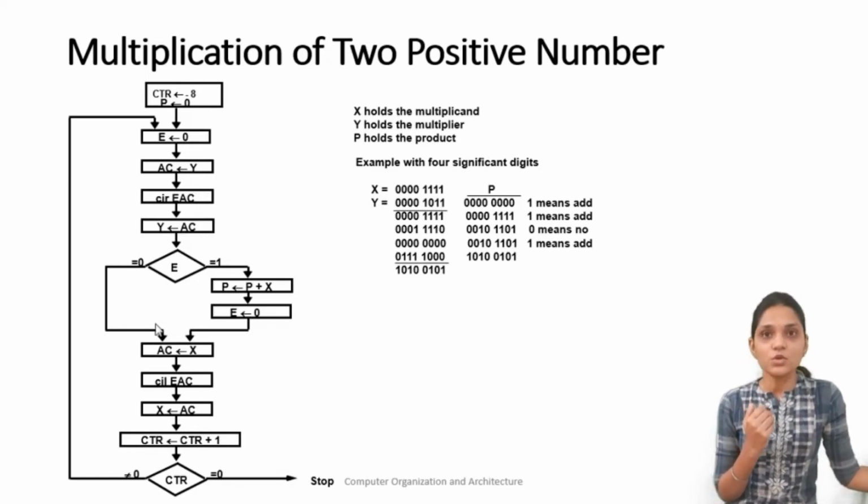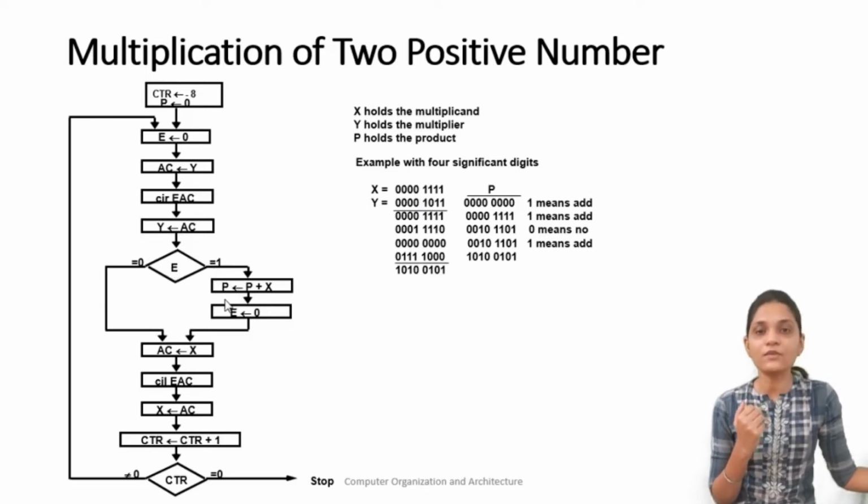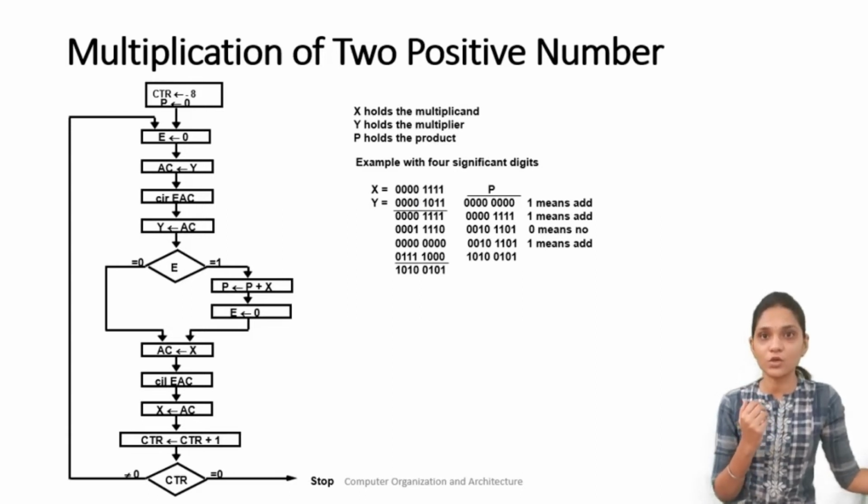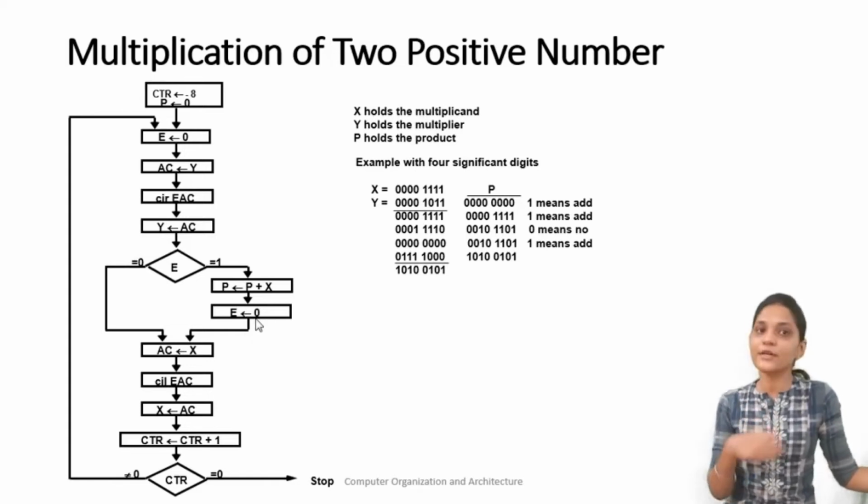So for the first case, if it is 1, then we will add this P and X. P is already 0, and the result is going to be stored at location P. After this we will clear the E flag. If it is 0, then it is already clear, so there is no need to clear. But if it is 1, then you need to clear it for next time.